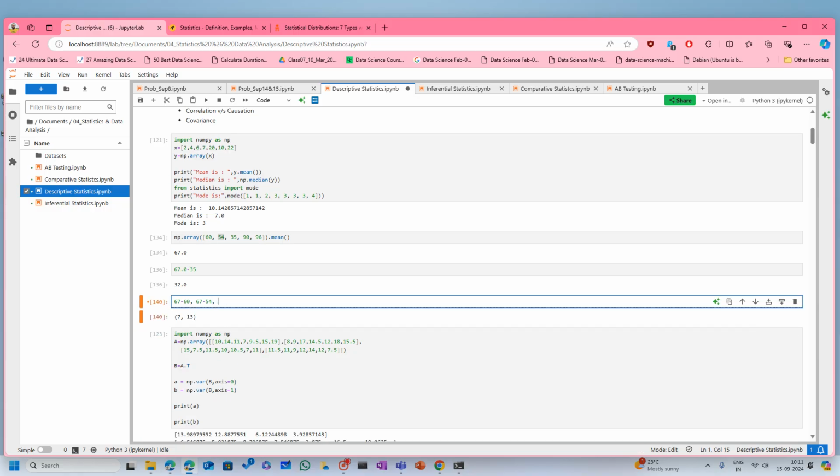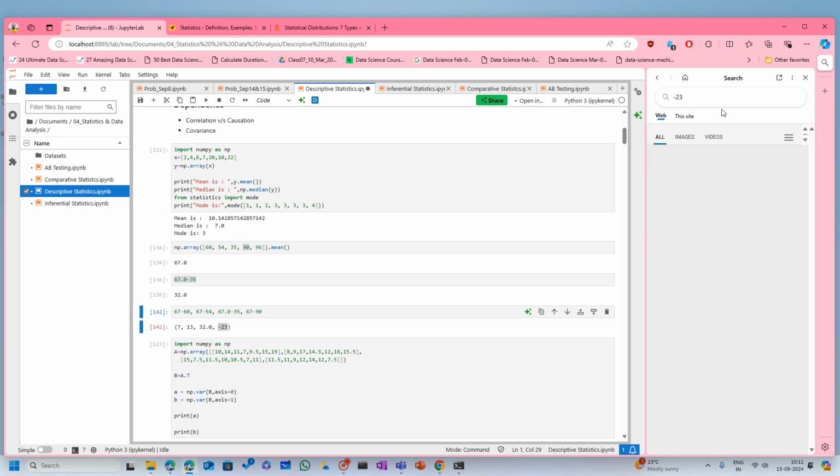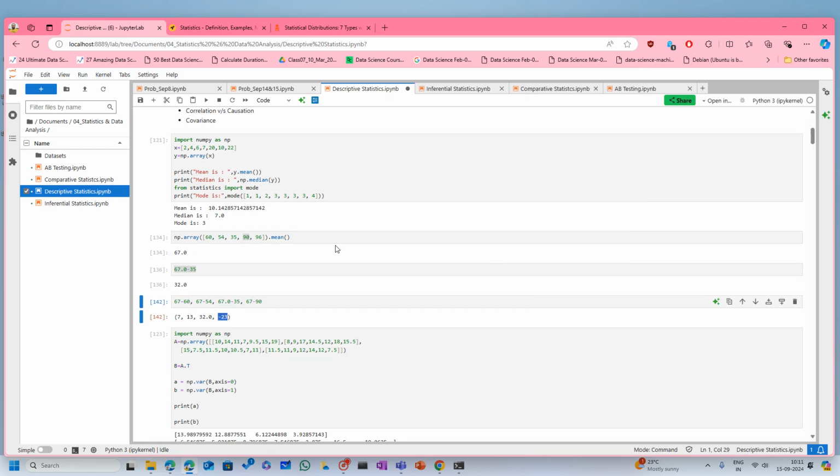For 35, we already have calculated this, I will copy paste here. So likewise, if you calculate all of these values, how far away are the scores? See this minus 23, again 96, so 67 minus 96.